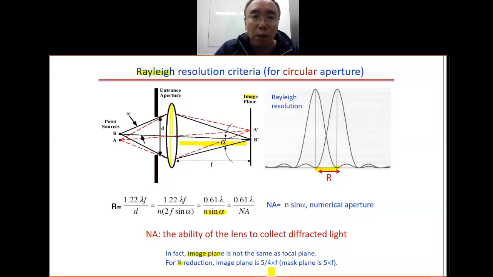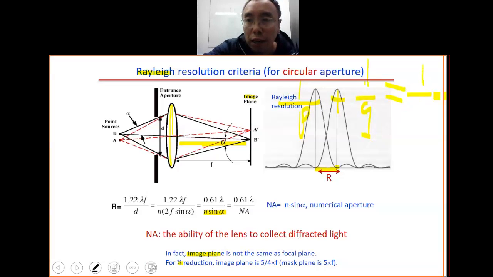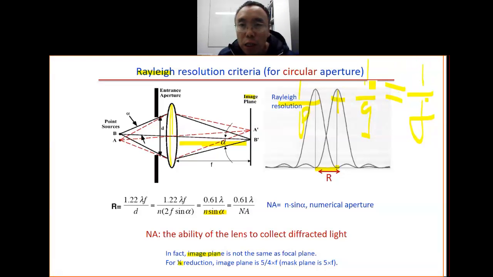We know that for our lens we have the lens equation: 1/p plus 1/q equal to 1/f, right? F is the focal length, p is the distance from the object to the lens, and q is the distance from the lens to the image.